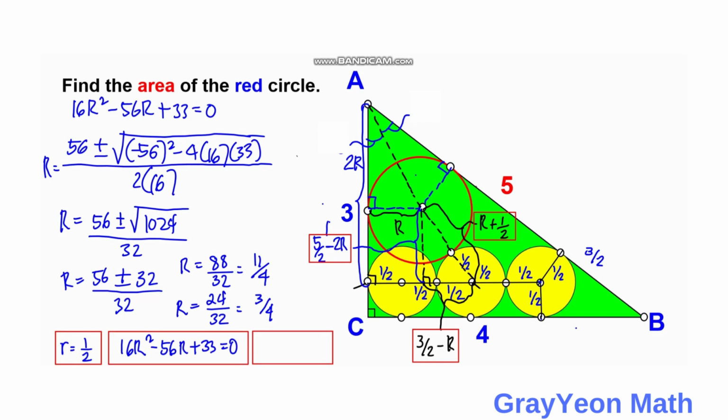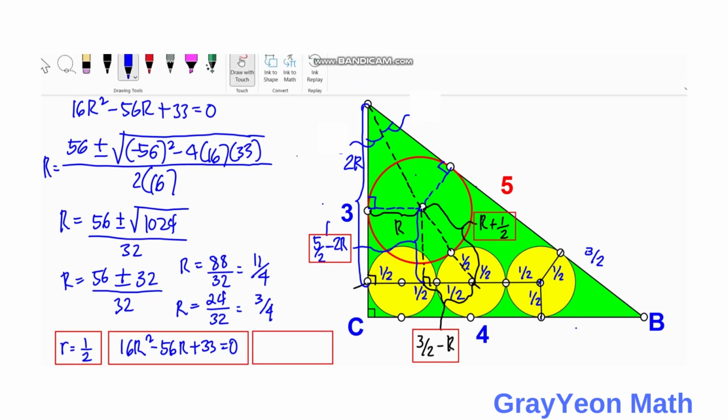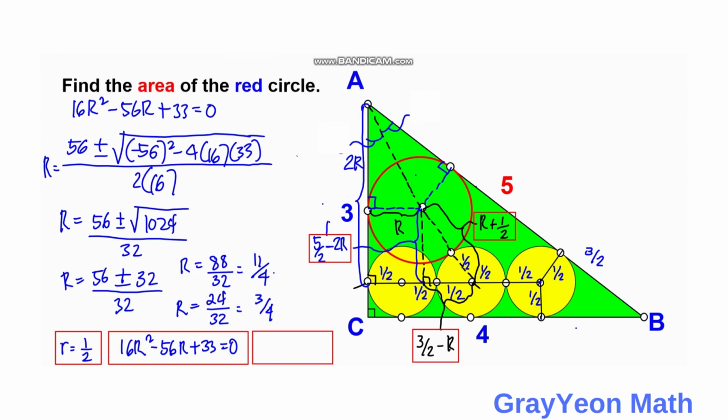Okay, so to check which one of these is the correct answer, take 11 over 4 and plug it into 3 halves minus r. Then you have 3 halves minus 11 over 4, which becomes 6 over 4 minus 11 over 4. So it gives you a negative value, negative 5 over 4.